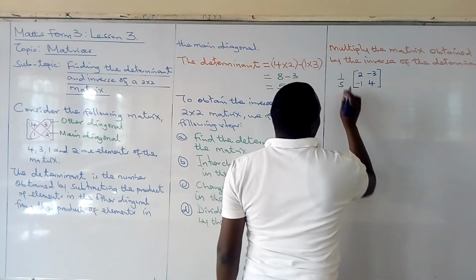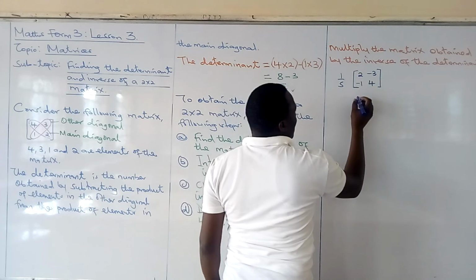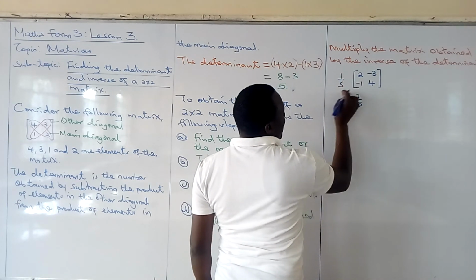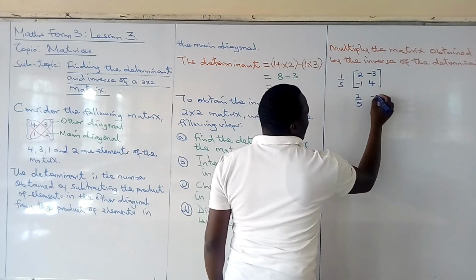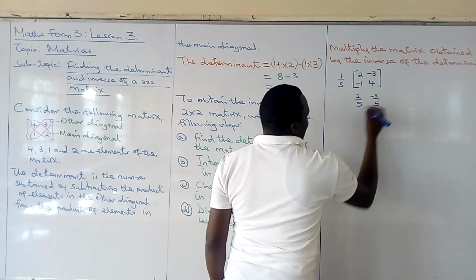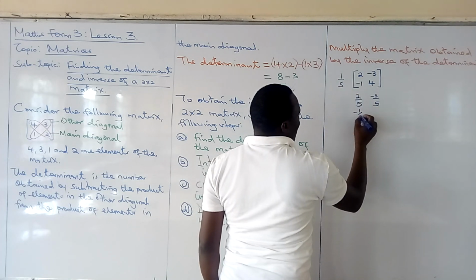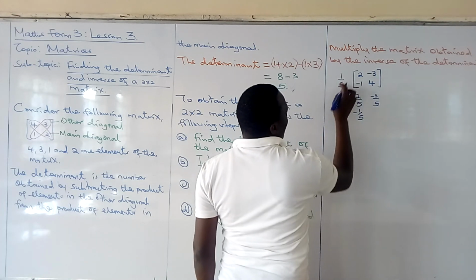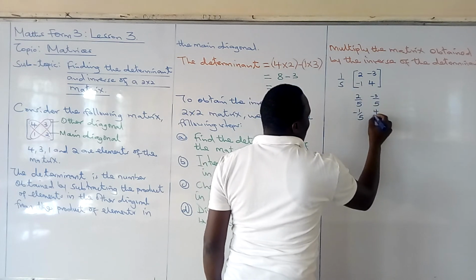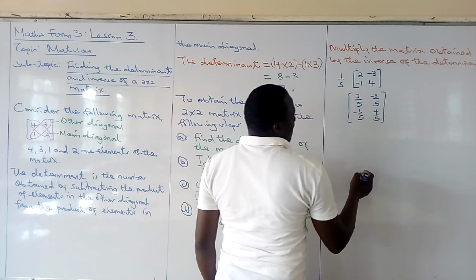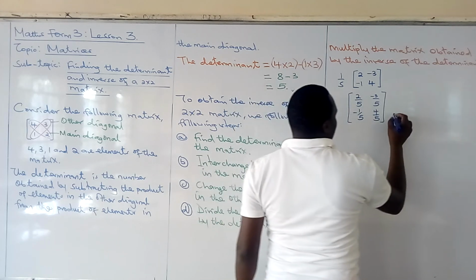Now let's multiply. 1 over 5 times 2 gives us 2 over 5. 1 over 5 times minus 3 gives us minus 3 over 5. 1 over 5 times minus 1 is minus 1 over 5. 1 over 5 times 4 is 4 over 5. So this is what we call the inverse.